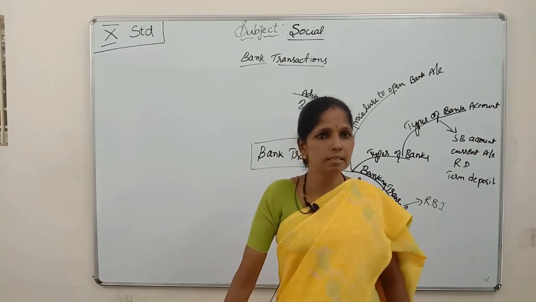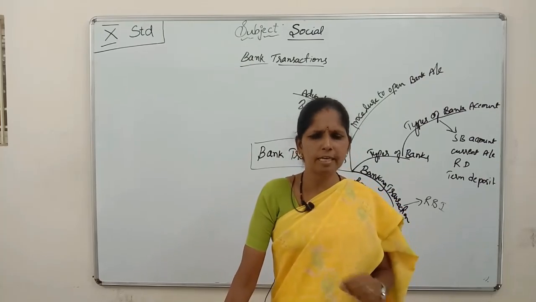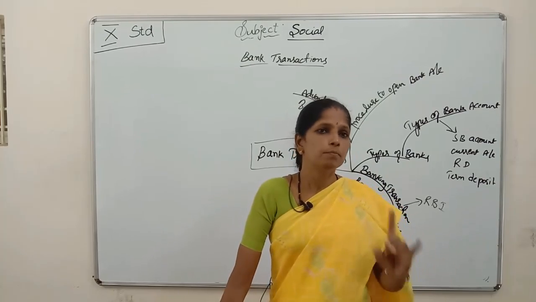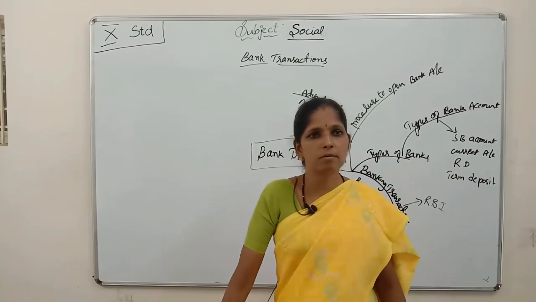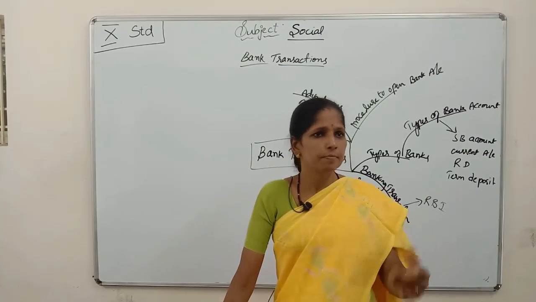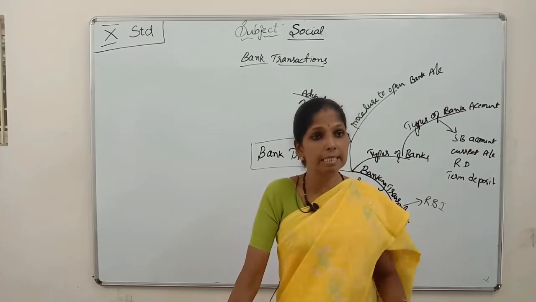Not only that, in a current account, the amount can be deposited or withdrawn any number of times in a day. Nowadays, 2 lakhs or 1 lakh per day is the limit for withdrawal for current account members. Generally, the banks do not give any interest here.